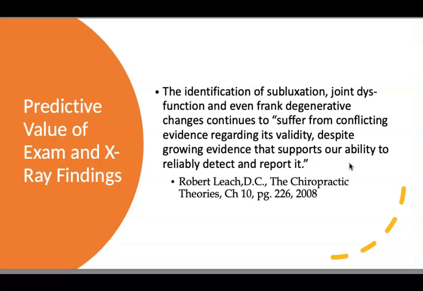But the issue here is that interprofessional reliability is difficult because identifying those different subluxations or joint dysfunctions suffers from conflicting evidence regarding its validity, despite growing evidence that supports our ability to reliably detect and report. So there are conflicting results in regards to accurately palpating, combining that with x-ray findings.